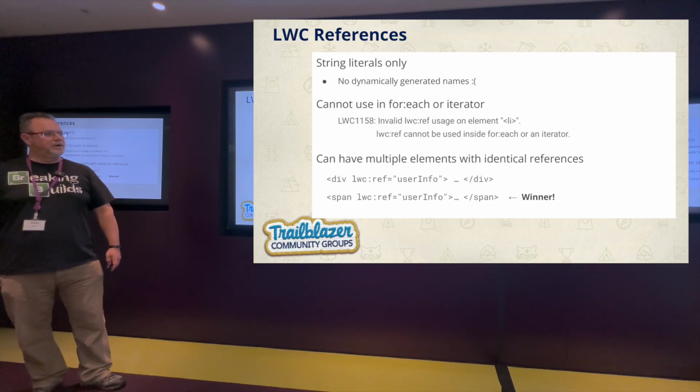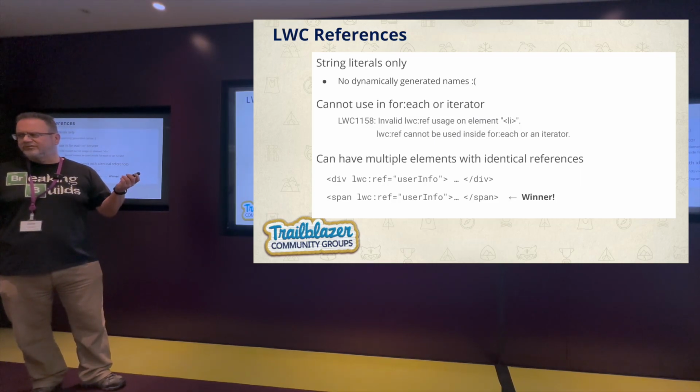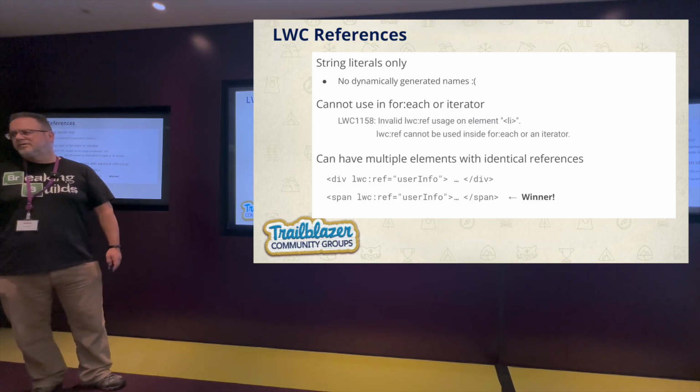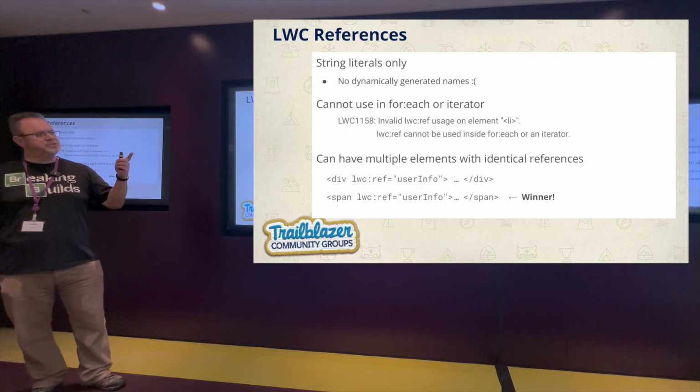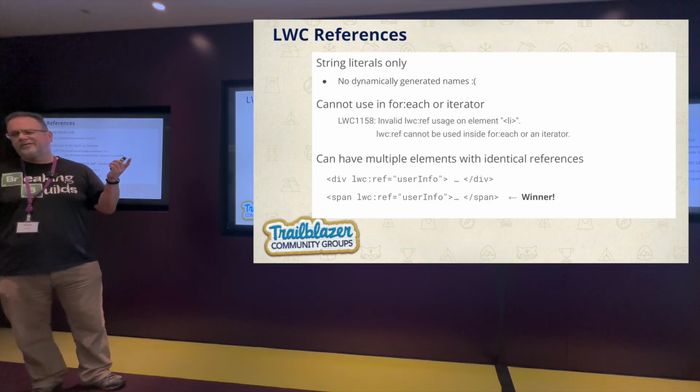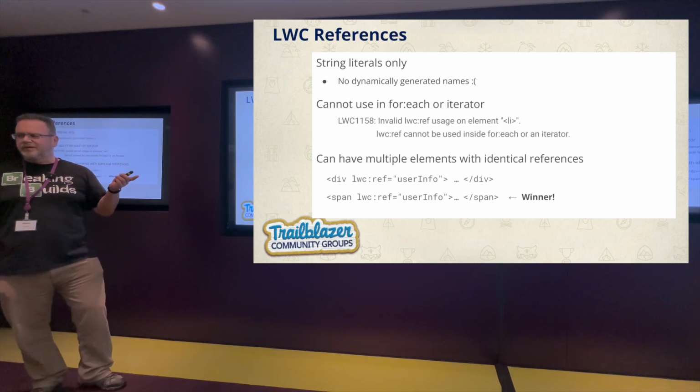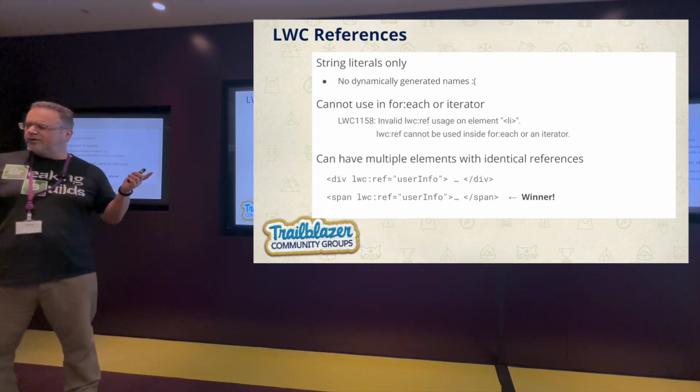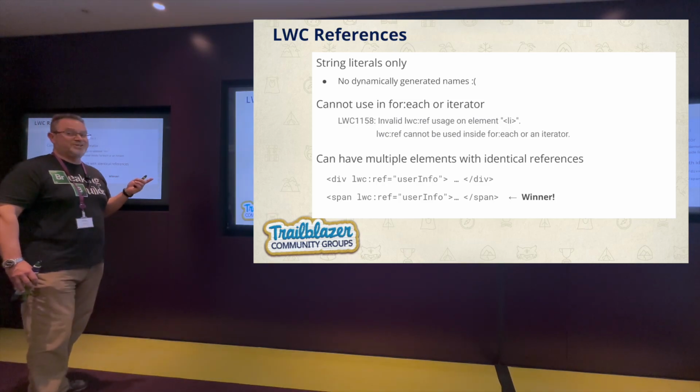You say you can't use dynamically generated names. You can if you do it in the JavaScript and then insert it into the DOM. With the lwc:ref? Are you sure about that? It will be inserted as a string literal, so technically you should be able to. You should be able to, but I think I'm going to point out why that might not work in a later slide. We shall see.